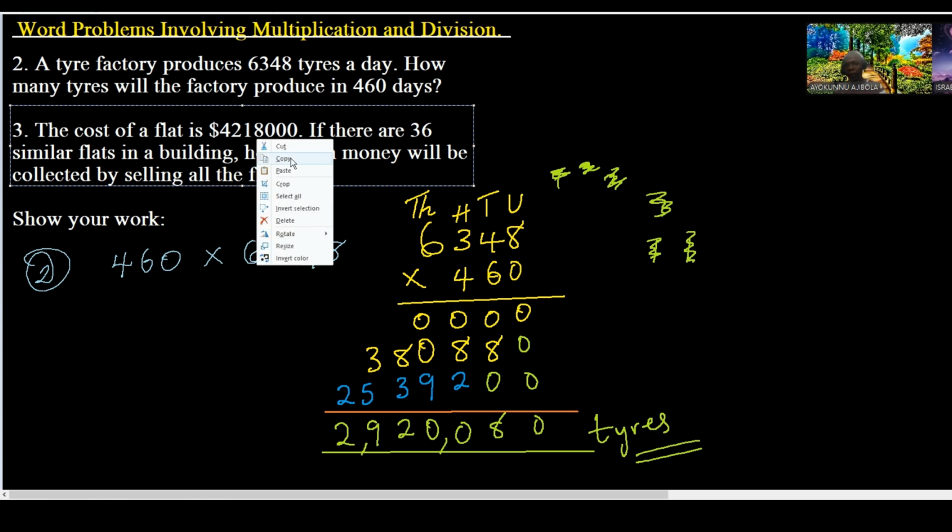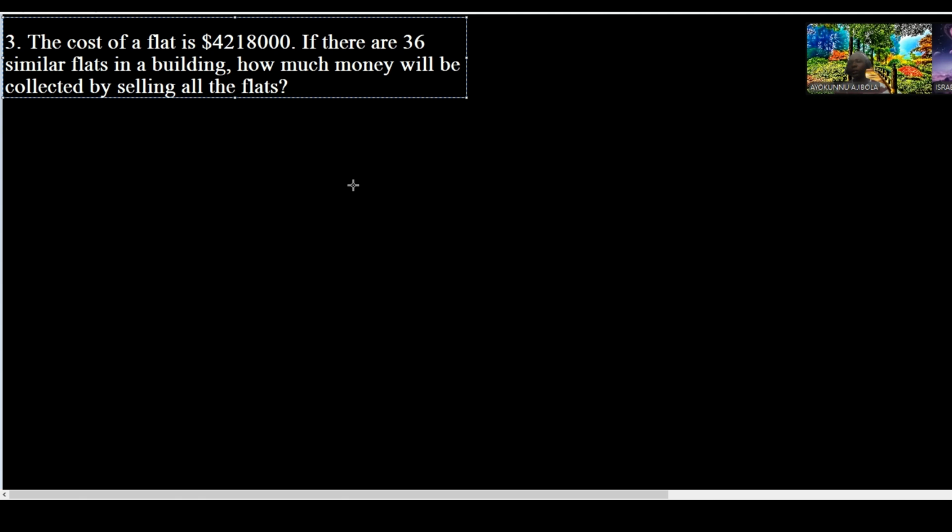The cost of one flat is this. If there are two flats, you multiply this by 2. If there are 10 flats, you multiply this by 10. But there are 36 flats, so we're going to multiply this by 36.